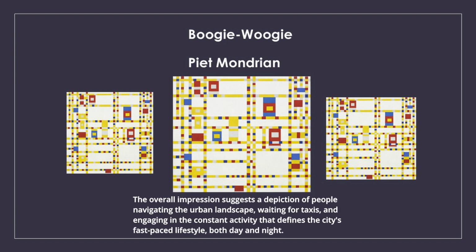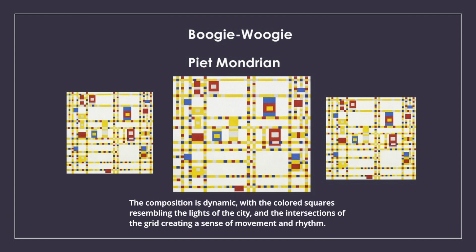The overall impression suggests a depiction of people navigating the urban landscape, waiting for taxis, and engaging in the constant activity that defines the city's fast-paced lifestyle, both day and night. The composition is dynamic, with the colored squares resembling the lights of the city, and the intersections of the grid creating a sense of movement and rhythm.